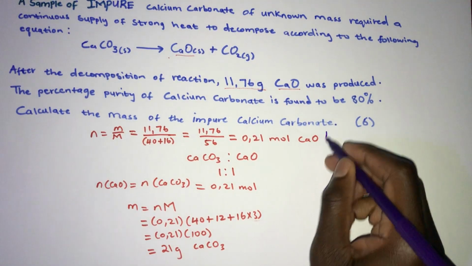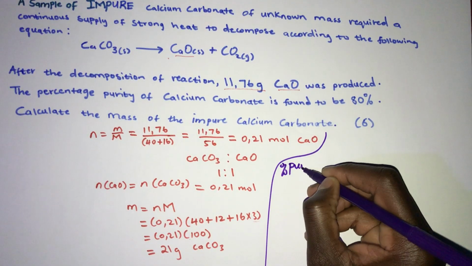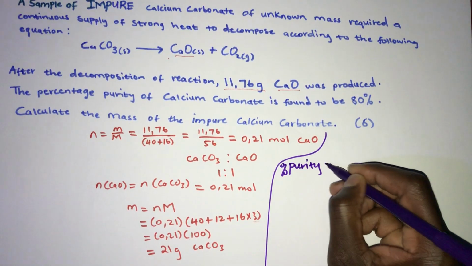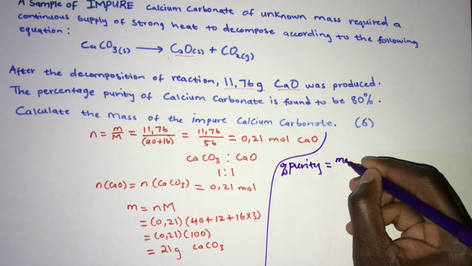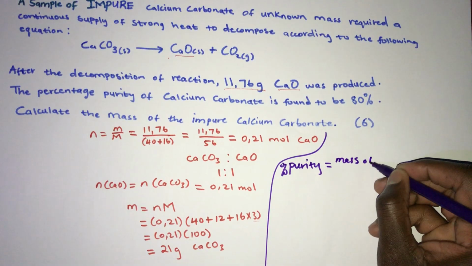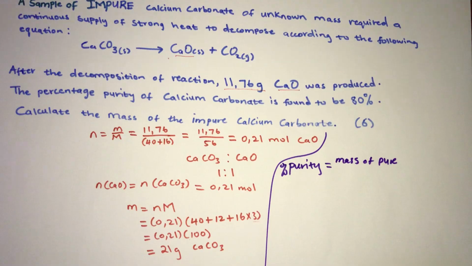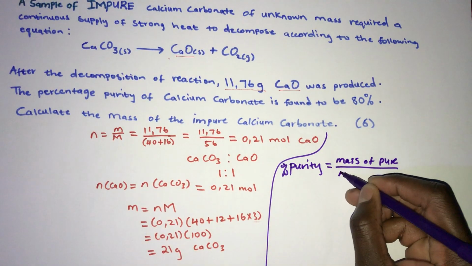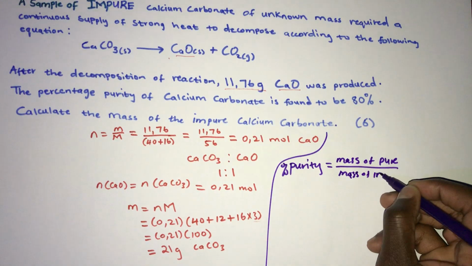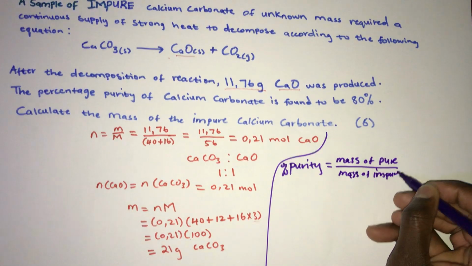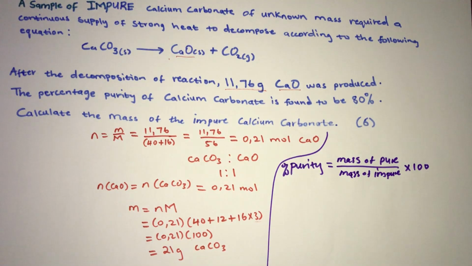We're going to say the percentage purity is equal to the mass of the pure sample, divided by the mass of the impure sample, and then we multiply by 100.